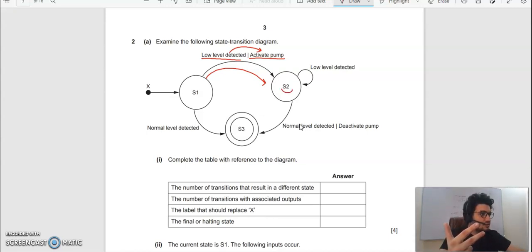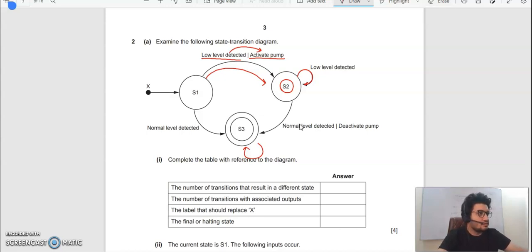So it says that you're going to stay in state 2, S2, if low level is detected. There is no other similar situation in this particular example, but there could have been an arrow over here telling that if any particular input, just stay in this particular state, and so on and so forth.